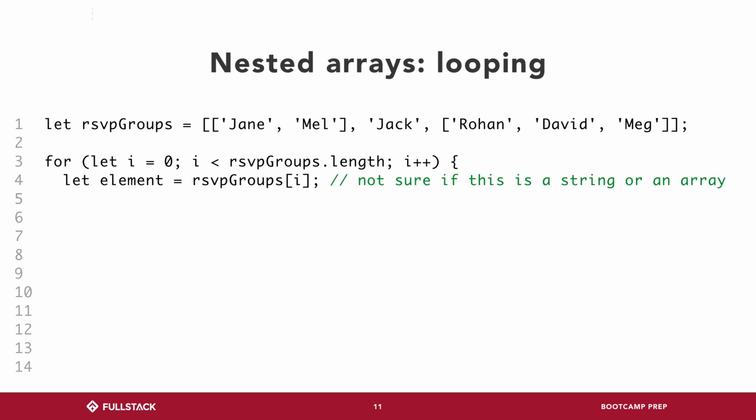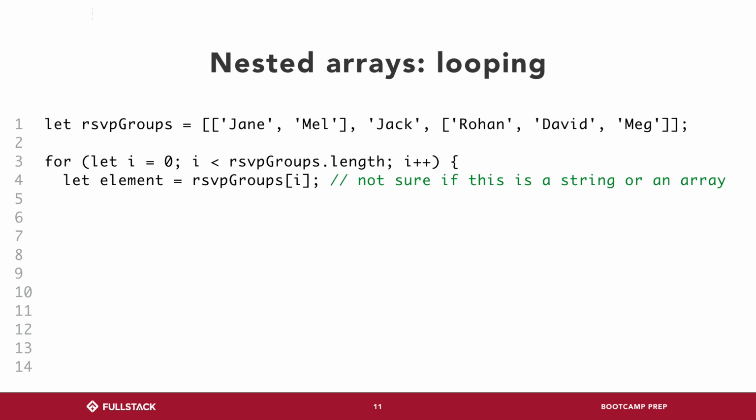So what they're doing here is, because you don't know when you're looping through whether this is going to be an array or a string, like what's in it, they did what I was talking about, where you capture the element as whatever this index is in RSVP groups. So we're just going to say, I don't know where in the iteration it is, it could be any of these things.